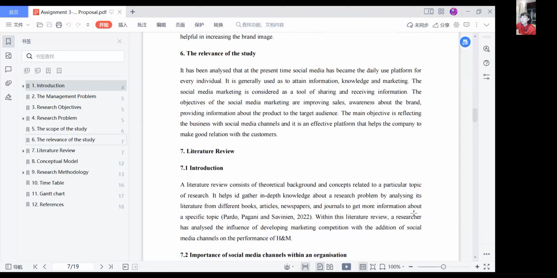Social media marketing is considered a tool for sharing and receiving information. The objectives of social media marketing are improving sales, raising awareness about the brand, and providing information about the product to the target audience.